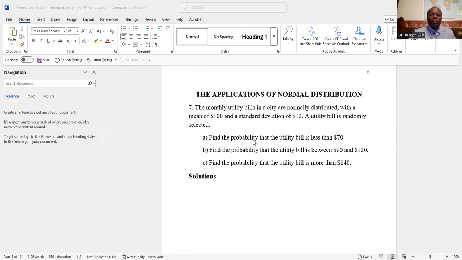A utility bill is randomly selected. A, find the probability that the utility bill is less than $70. B, find the probability that the utility bill is between $90 and $120. C, find the probability that the utility bill is more than $140.